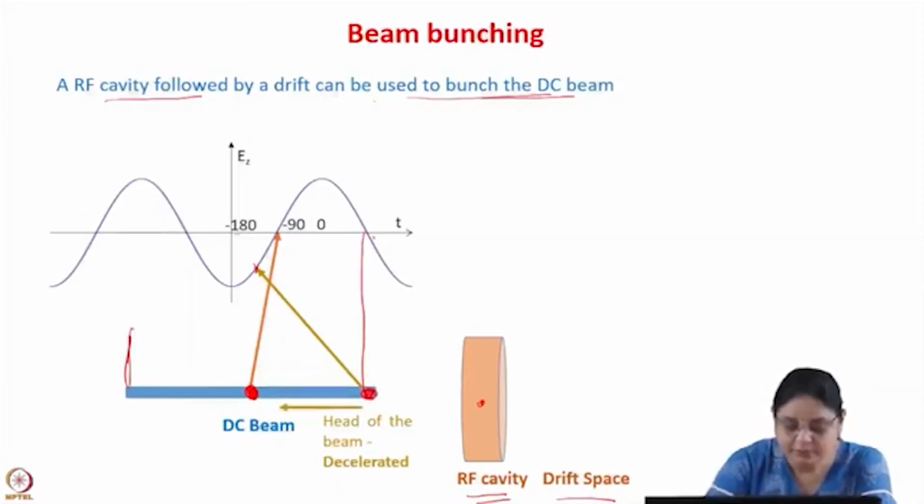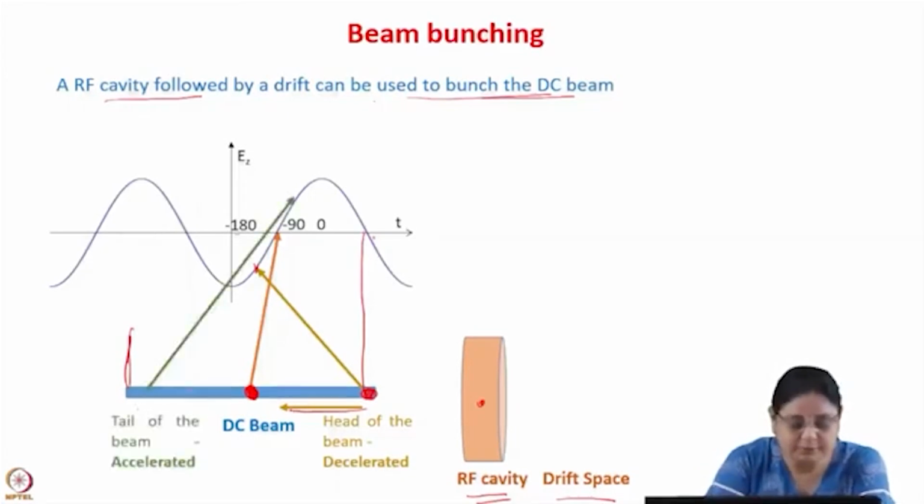So it will move towards the central part of the beam. Now the tail of the beam arrives in the cavity later than the central part of the beam. So it sees a field which is accelerating, or greater than the field seen by the central particle. So this part of the beam is accelerated.